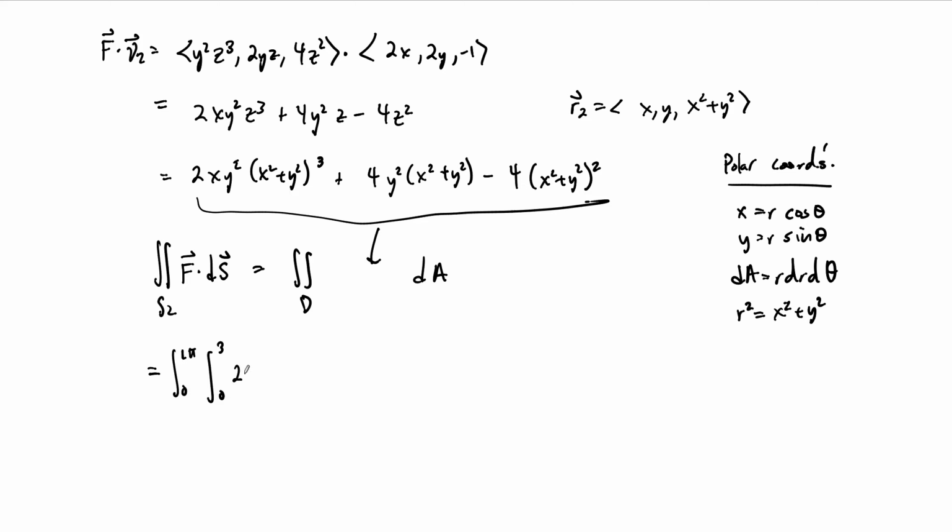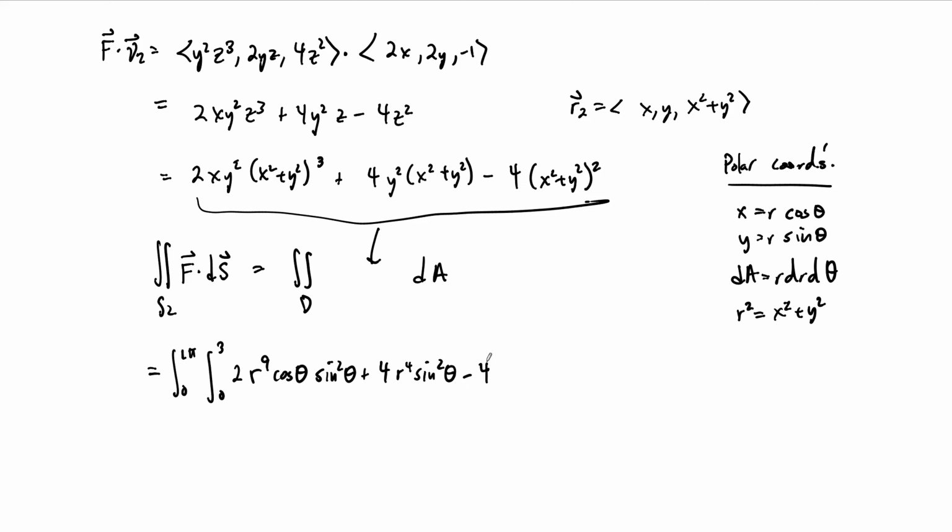And then we have 2 times r cosine theta times r squared sine squared theta times r squared cubed. So we have r to the 6, 7, 8, 9. So r to the 9th times cosine theta sine squared theta plus 4 times, here we're going to have r squared times r squared, so r to the 4th times sine squared.